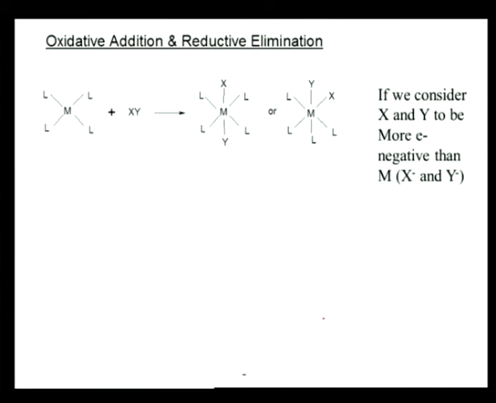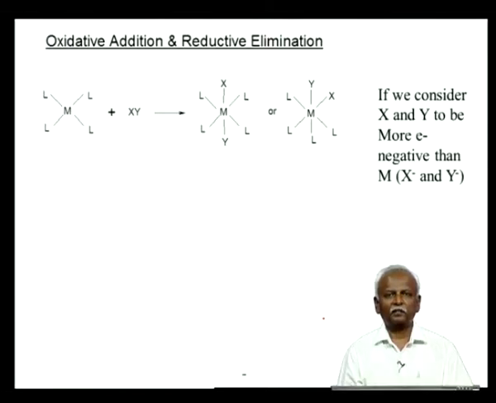So, let us take a look at oxidative addition, and the majority of the reactions that have been mechanistically studied are those reactions where you have a d8 metal complex, and many of the d8 metal complexes have a square planar geometry, and so that is what we are going to take as an example.